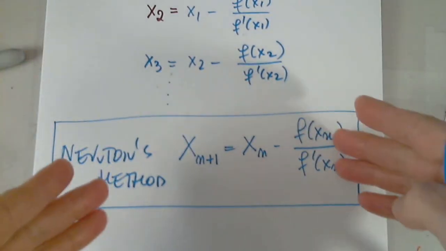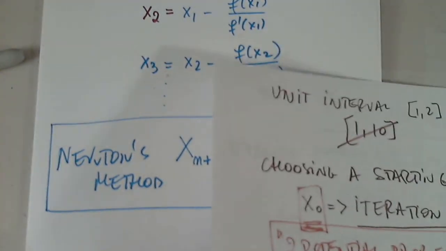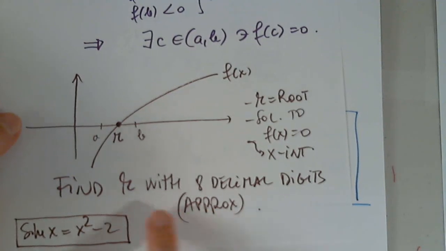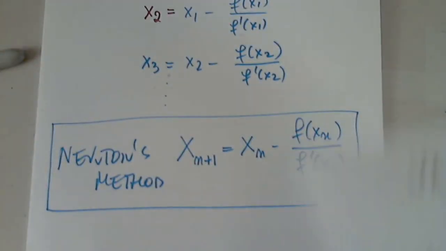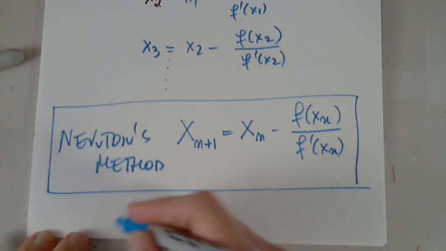I will stop when I achieve the number of decimal digits I want. If I achieved 8, I'll stop. It may converge. We say normally it converges.